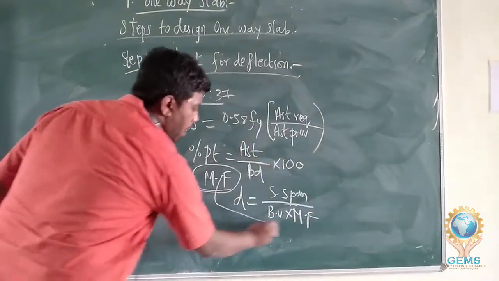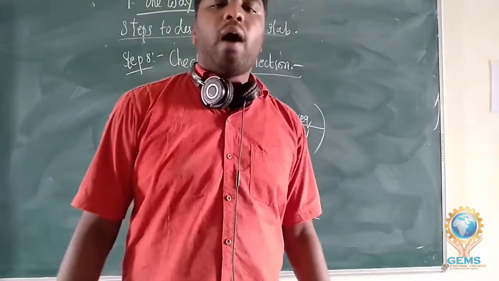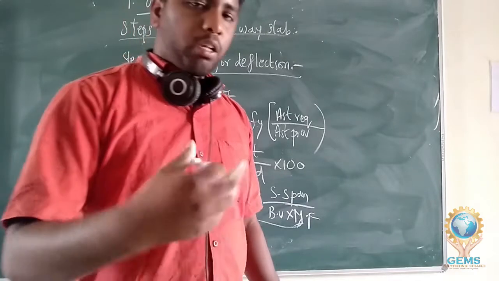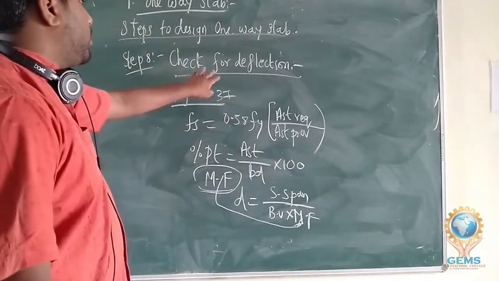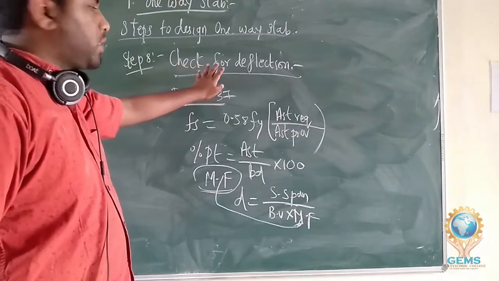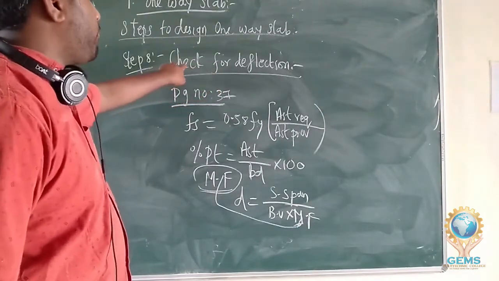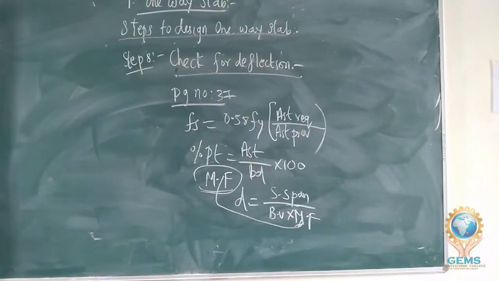So this modification factor you will substitute here, and you will get a value. That value should be less than the step number 1 value, the effective depth that you have found. If it is less, then the design of the slab is okay, or safe for deflection. So this is step number 8.